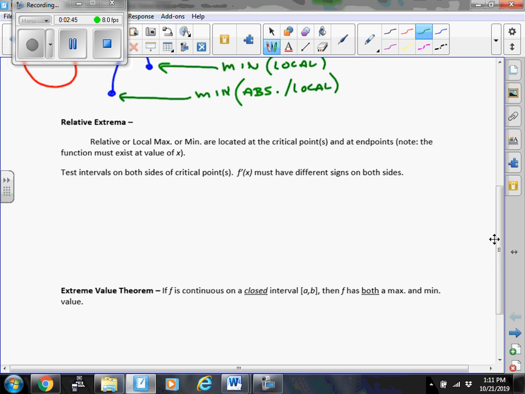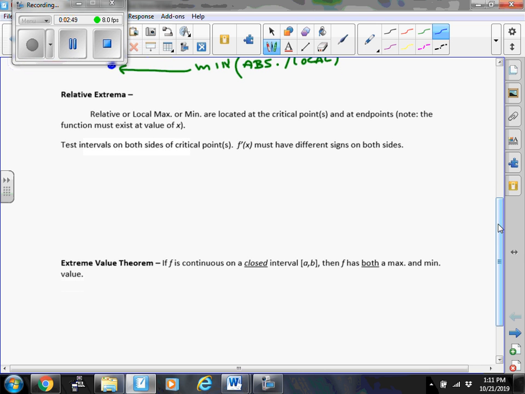So let's give you a couple more illustrations. Let's look at this function, again, x squared. Let's be very specific on -1 to 2.